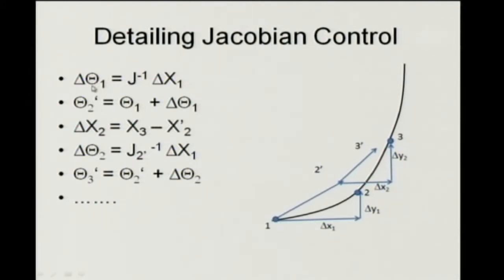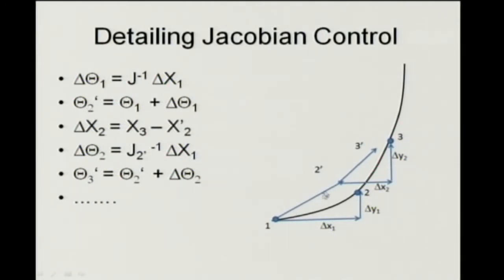Then I add this delta theta 1 to the theta 1 values at point 1, and I will get a theta 2 prime. I am calling this theta 2 prime because when I add the delta theta suggested by the Jacobian control technique, I am not going to land up at point 2. I am going to land up at some other point out here, which I am calling 2 prime. Okay, so this is where I land up.